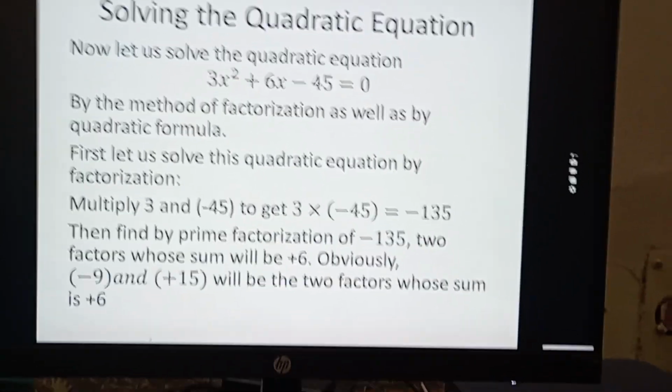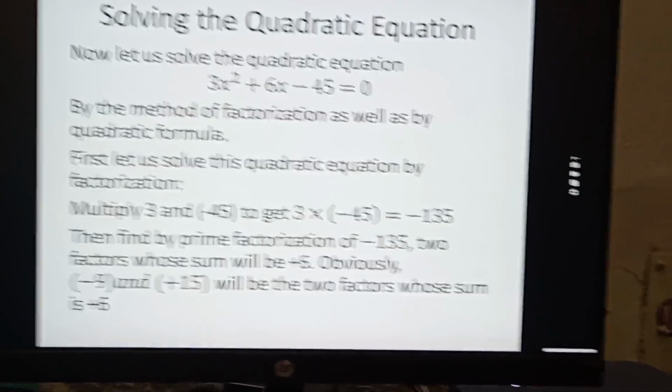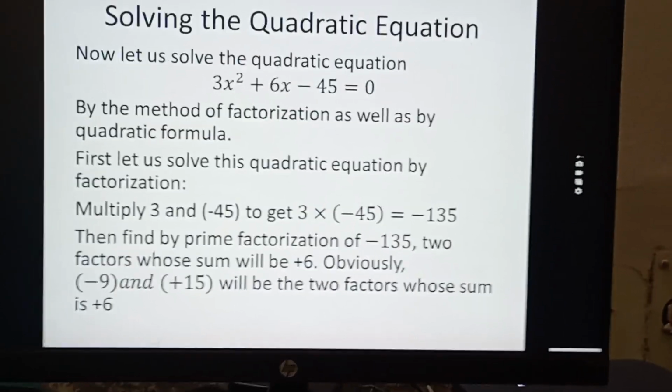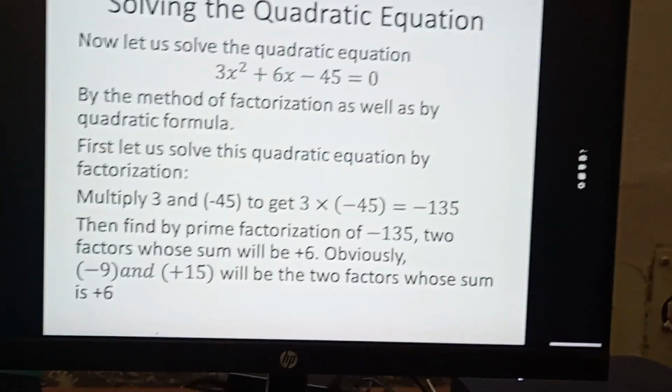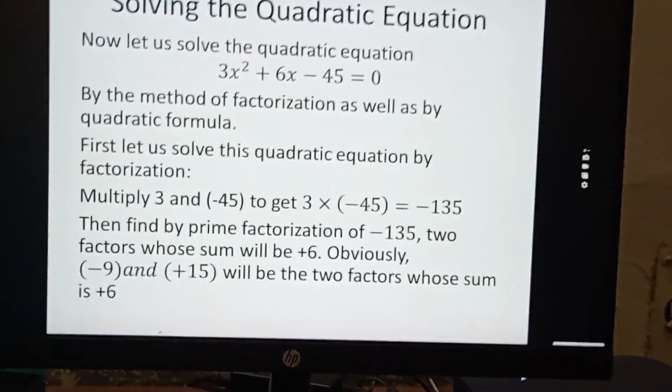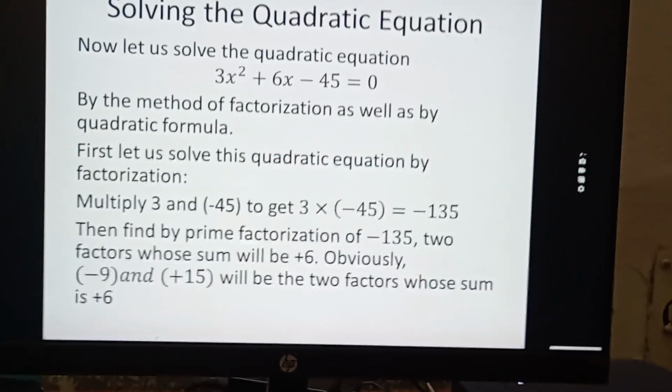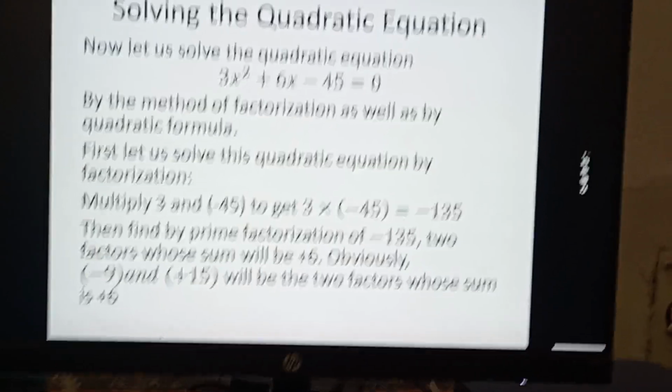That can be done easily by prime factorization. I think you divide by 5 first, because 135 ends in 5.